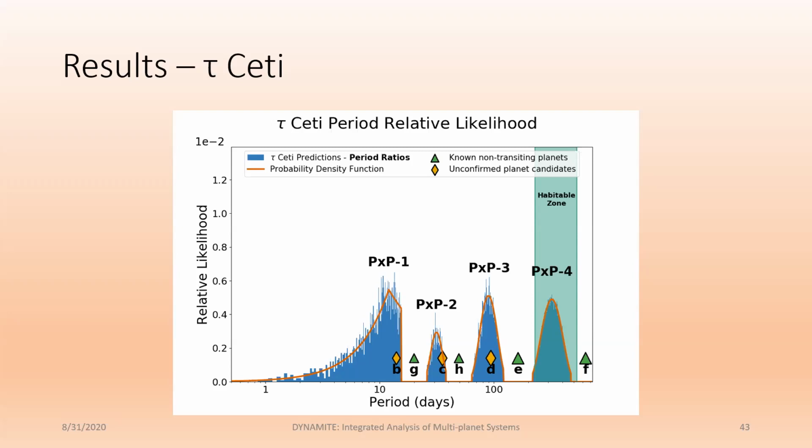In log period space, we see that there are 3 predicted exoplanets, Tau Ceti PXP 1 through 3, that closely align with the unconfirmed candidates B through D. There is, however, an additional 4th predicted exoplanet, PXP 4, that does not have a previously detected counterpart. This planet is predicted to exist with a period of 322 days, right in the middle of the habitable zone of this sun-like star.